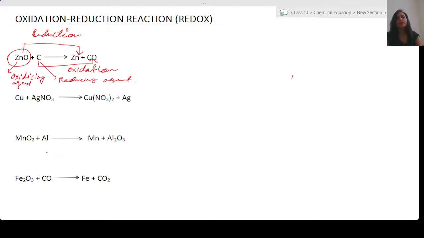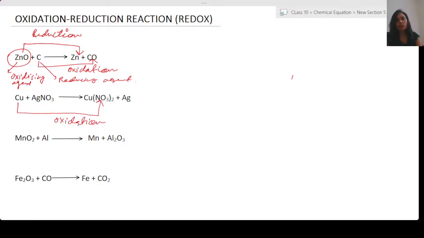Okay, now if you go to Cu plus AgNO3, here Cu is gaining O in the product, that is Cu is changing to Cu(NO3)2. So there is a gain of oxygen by Cu. So gain of oxygen means it is an oxidation reaction, right?